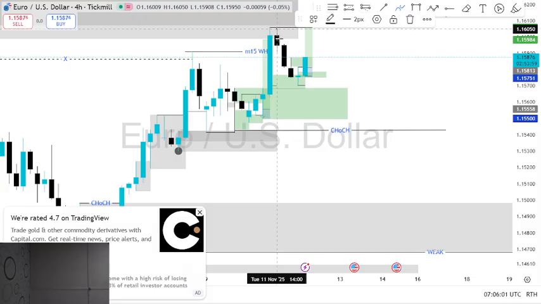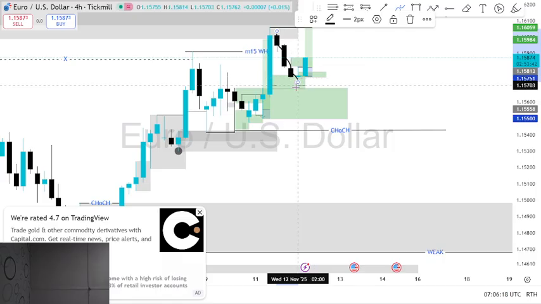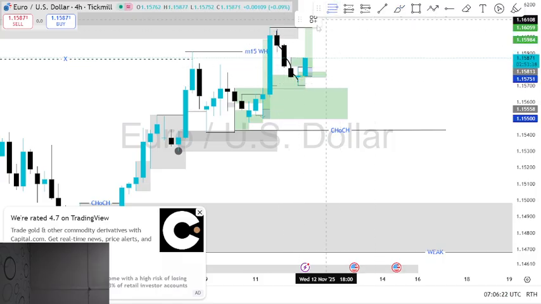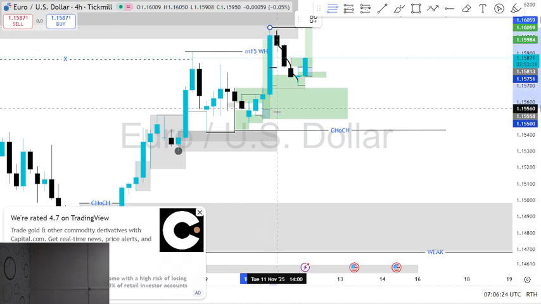We can see after we tap this structure, we had a strong 4 times 4, 16 hours candle, right, pushing strong to the downside. So we had a strong move to the downside, which is below EQ.